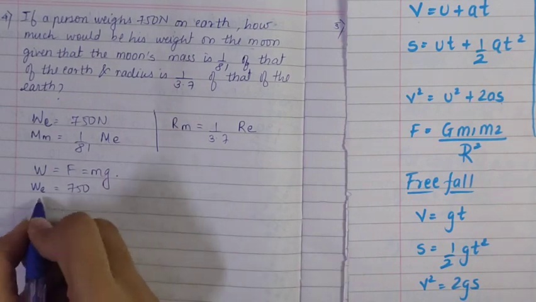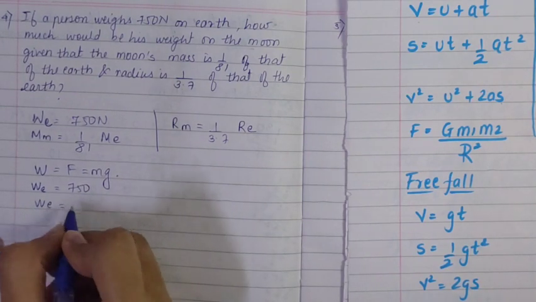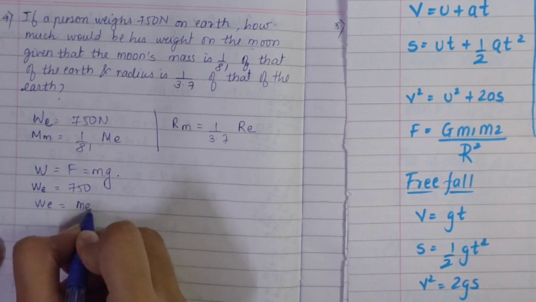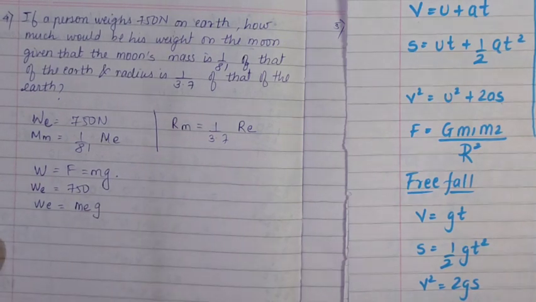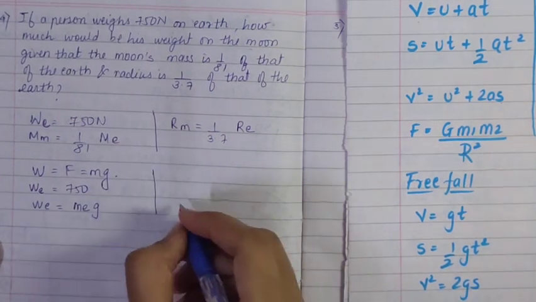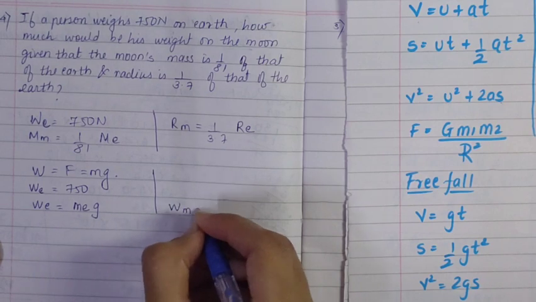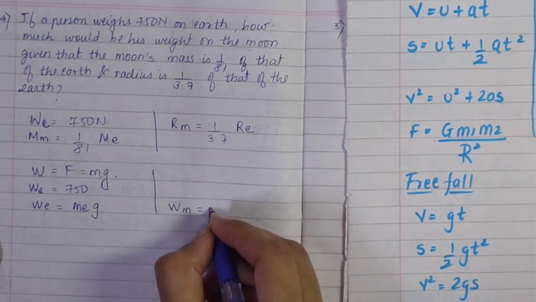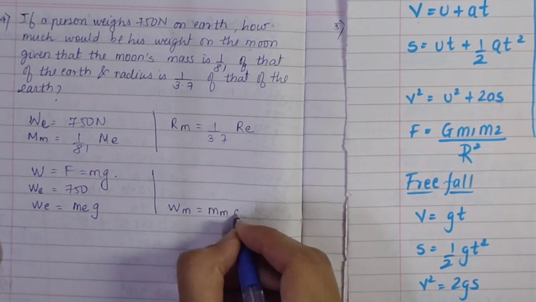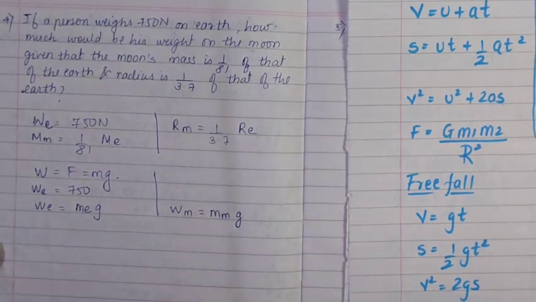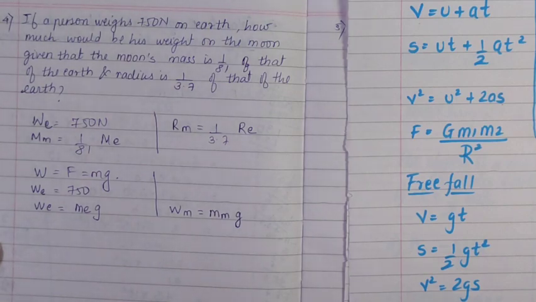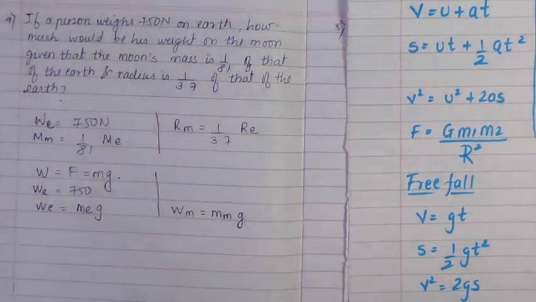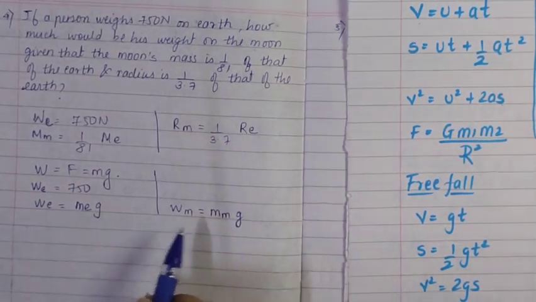So according to this, I can write weight on Earth is equal to mass on Earth into G. And also for moon, weight on moon is equal to mass on moon into G. Okay, so till here we have done.